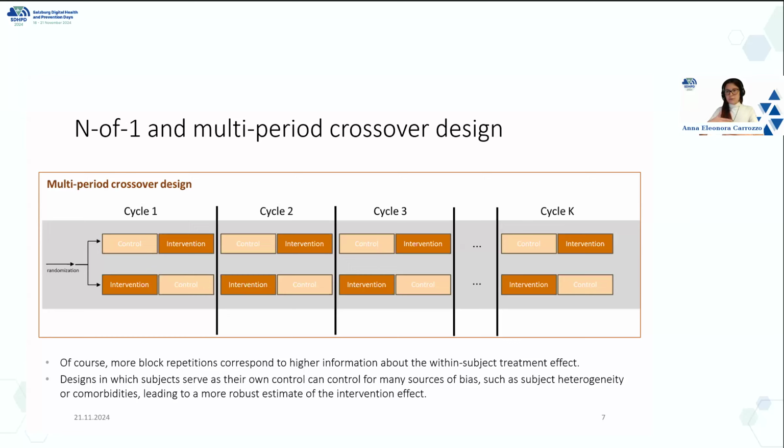Of course, these block repetitions might correspond to higher information about the within-subject treatment effect. And typically, this kind of design in which subjects serve as their own control can control for many sources of bias, such as subject heterogeneity or comorbidities, leading to a more robust estimate of the intervention effect.